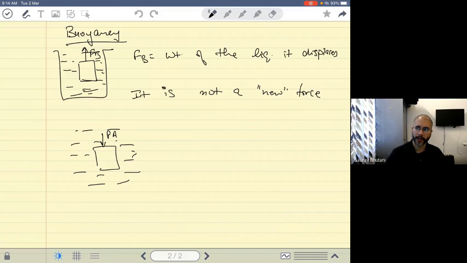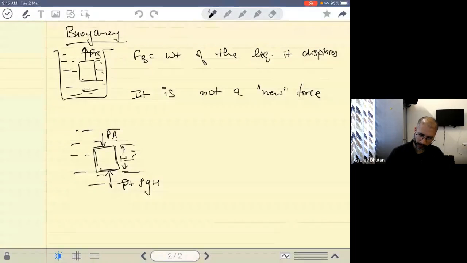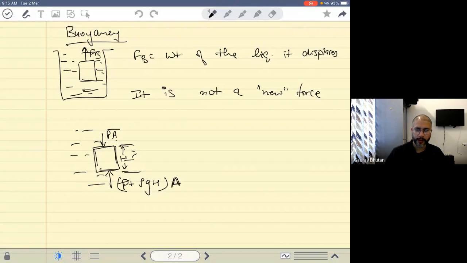So let's say it's a cubical body, so the area is easy to find. And on the bottom surface, the force acting is P plus the pressure difference because of the height, because the pressure at the bottom is higher than the top. So this we'll call rho g h, where h is the height of the block, and this times area.